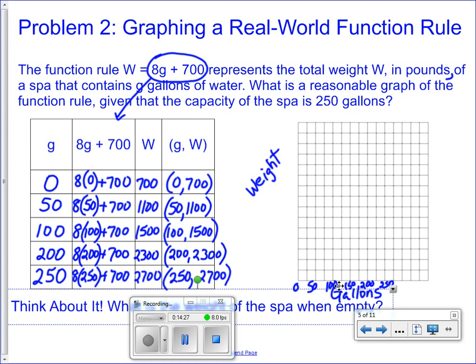All right, on weight, I see I need to go from 700 up to 2,700. So let's see what would work for us. Let's go by 200s. All right, so this would be 200. Next would be 400.